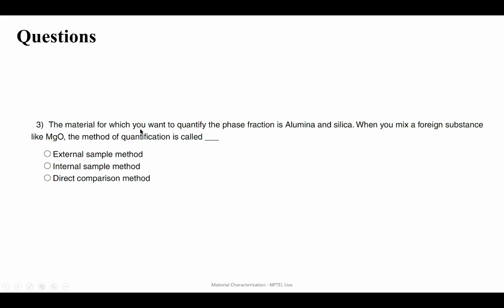The material for which you want to quantify the phase fraction is alumina and silica. When you mix a foreign substance like MgO, the method of quantification is called external sample method, internal sample method, or direct comparison method.